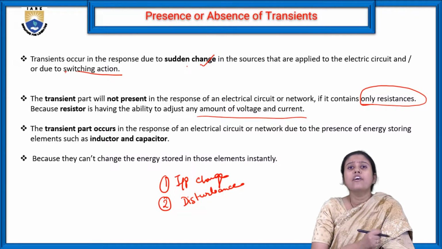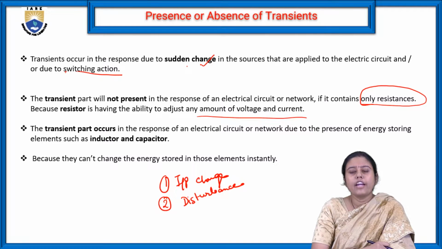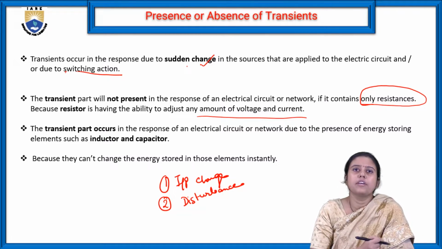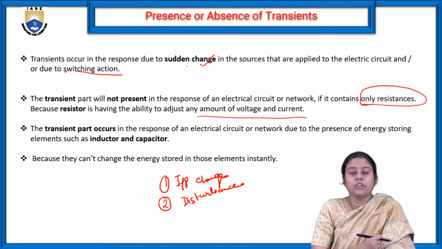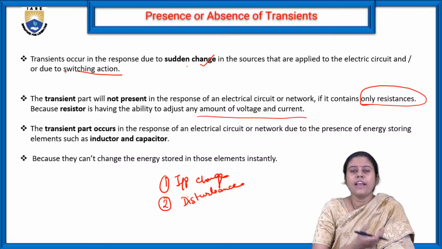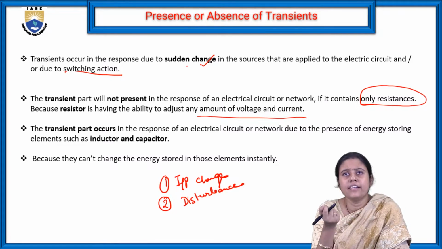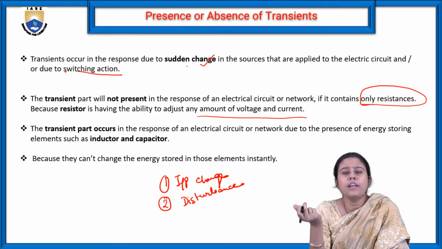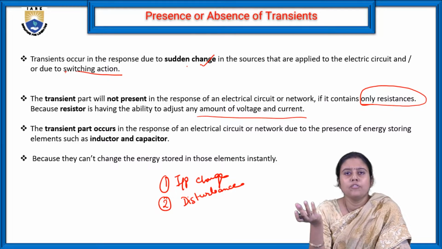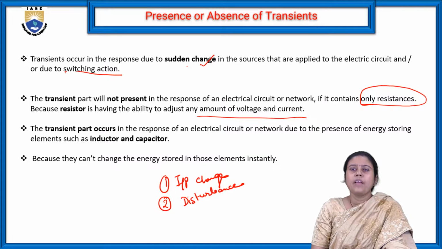If there is a rate of change of energy, it may be increasing or decreasing, but if there is a rate of change of energy, then only we can tell that the transient will be present. But the resistor is not an energy storing element. So if there is any change in the voltage and current, it is able to adjust to the change. No energy is stored here.